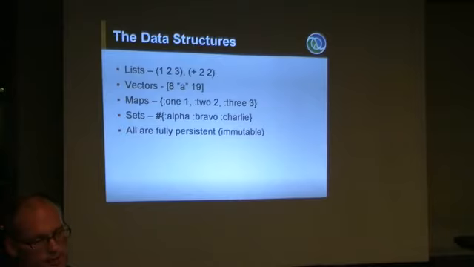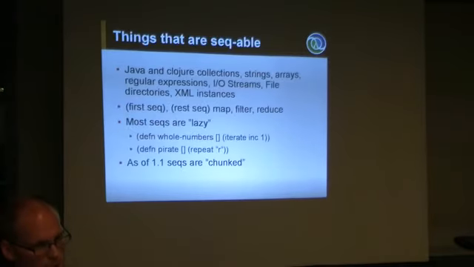So I just talked about all the various data structures and how they are persistent or immutable. Another aspect of all of this is that each one of the data structures also implements an interface which makes them seekable, S-E-Q-able.